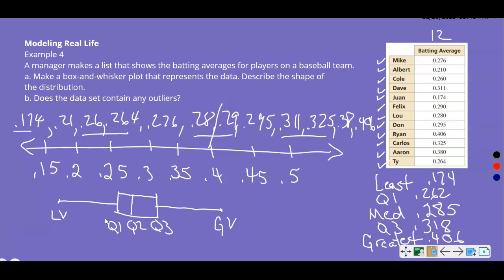So I would say this one looks about symmetric. All right, and B part says, does the data set contain any outliers?